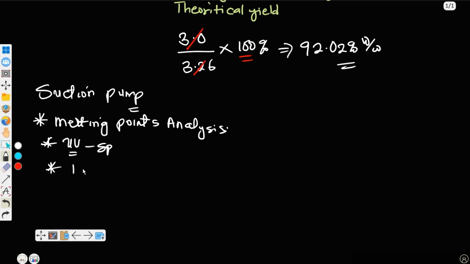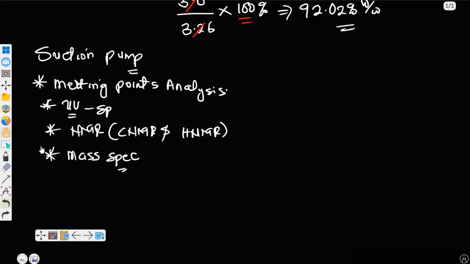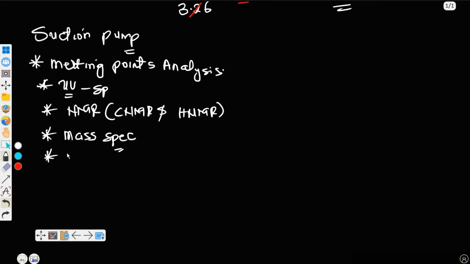Then we talk about NMR, carbon and proton, carbon NMR and proton NMR. Then the mass spec to tell us the mass. All right, and then the IR to tell us the various functional groups that are present there.